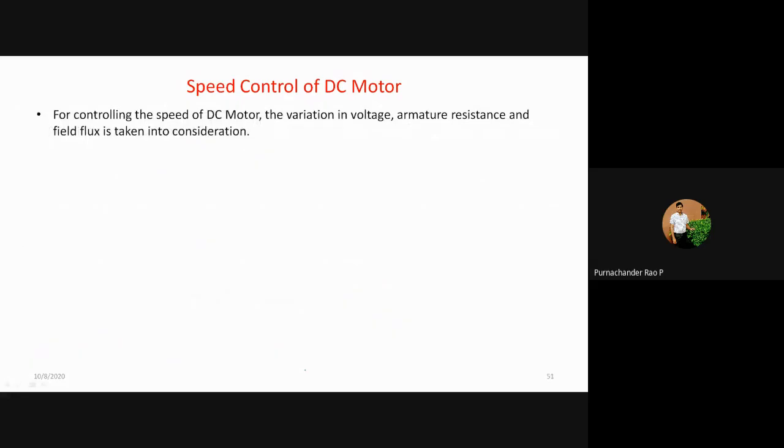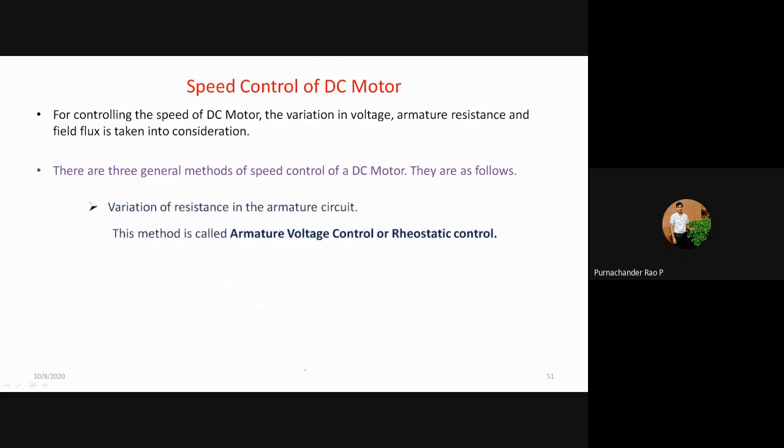So for controlling the speed of a DC motor, the variation in voltage, armature resistance, and field flux is taken into consideration. There are three general methods of speed control of a DC motor. The first one is variation of resistance in the armature circuit.